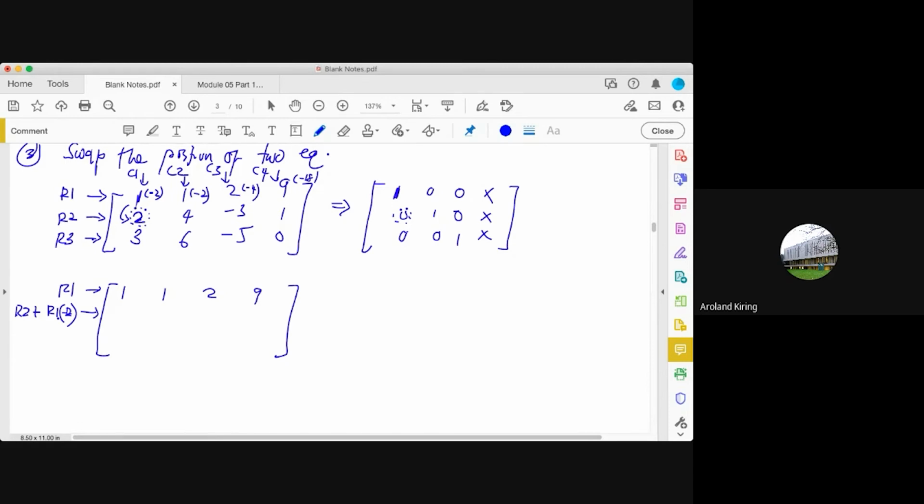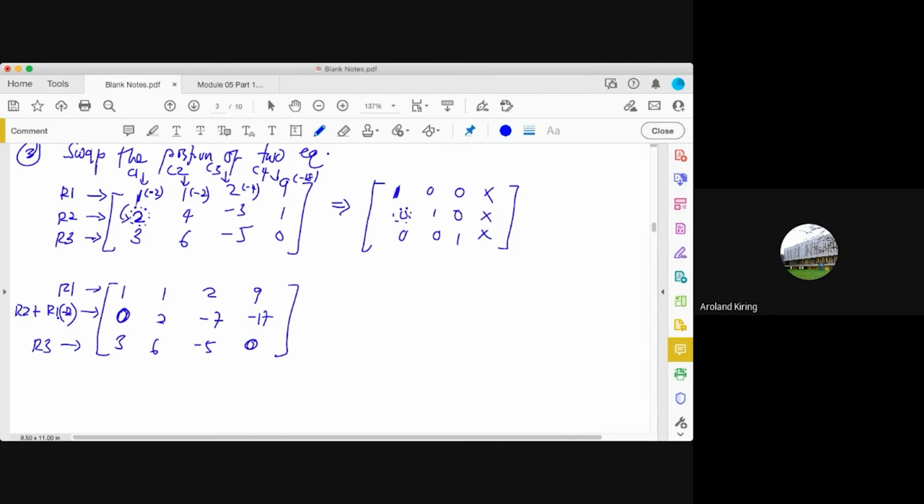Okay, so you add that with row 2, so you get this 0, and then you get this 2, and you got this -7, and you got this -17, isn't it? So you change this to become 0. For the next row, row 3, you can just write it back: 3, 6, -5, 0.